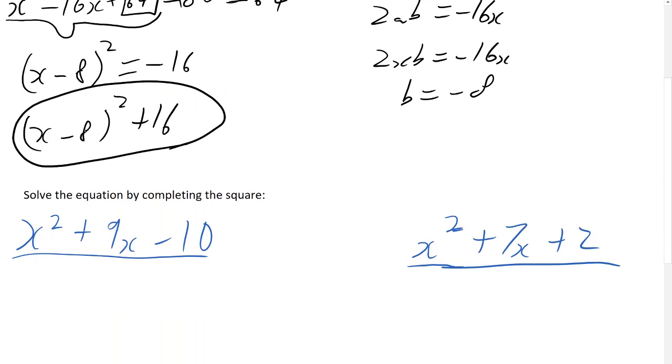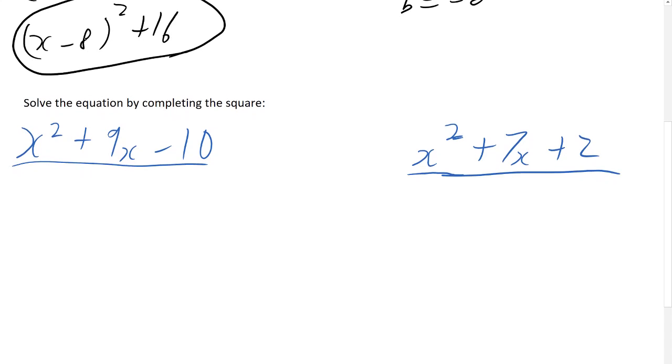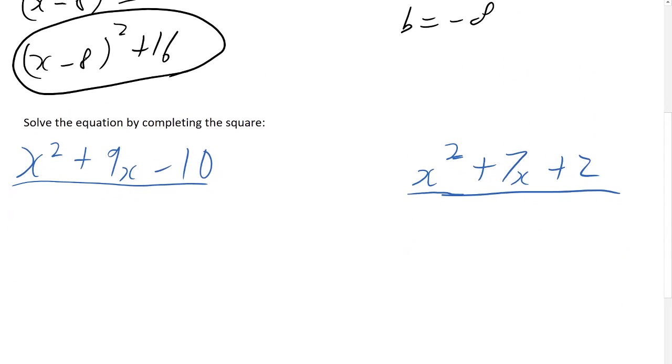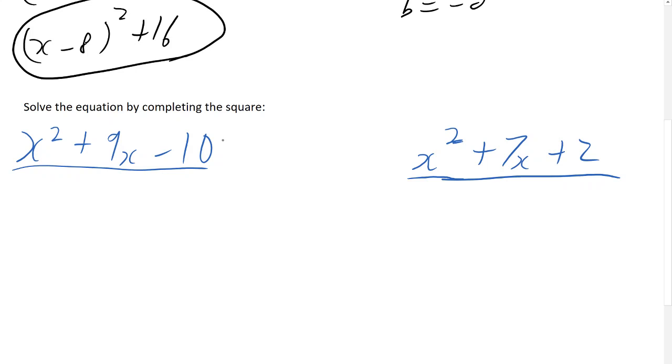Now for the next one, it's pretty much the same thing, except this time, it's supposed to be equal to 0. I forgot that. So now we just need to solve for x using this method.